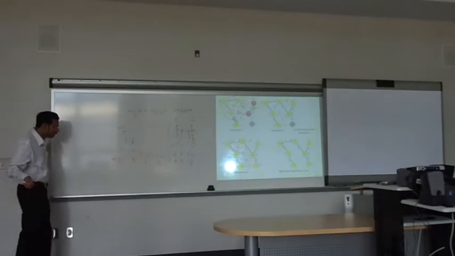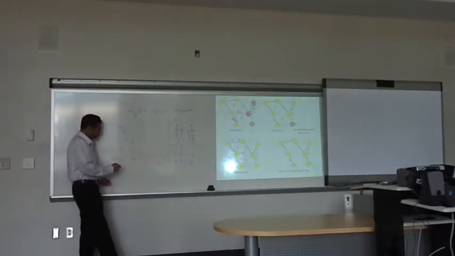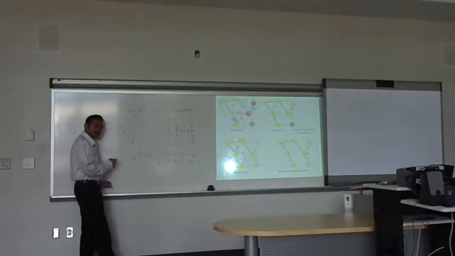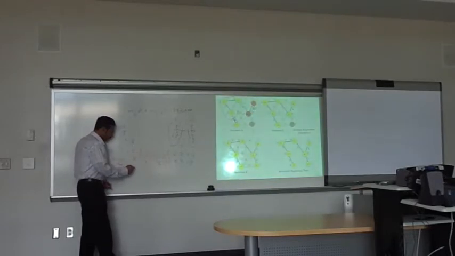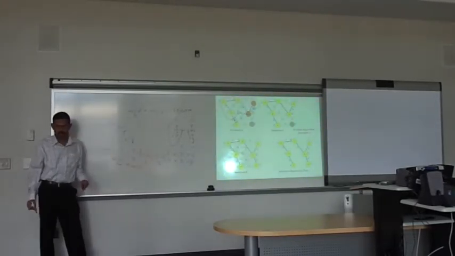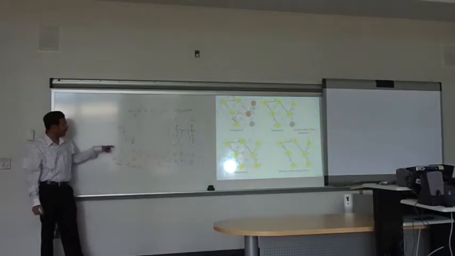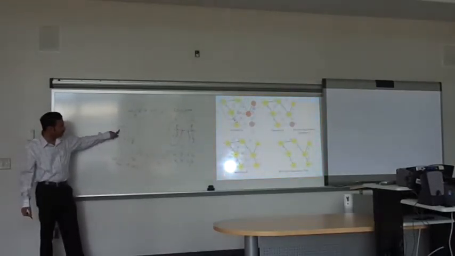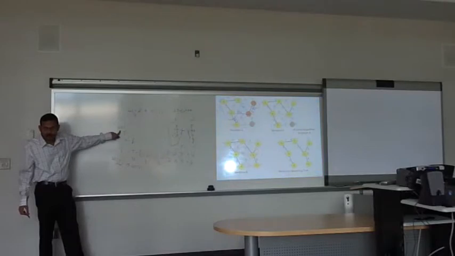We are not going to increase it. So the weight of the new tree T prime is going to be only less than or equal to the weight of the tree that we started with. And our assumption is what? This is a minimum spanning tree to start with.